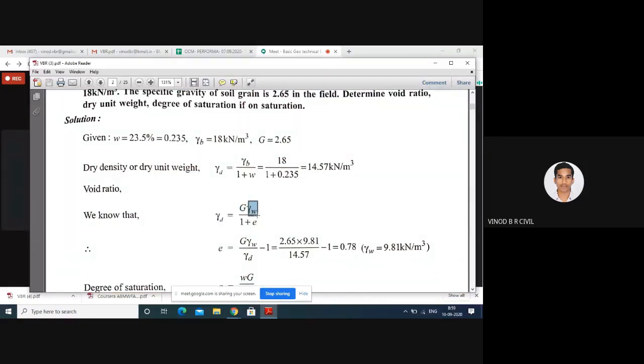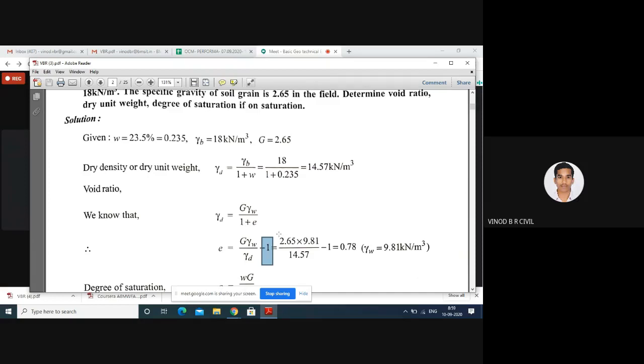The unit weight of water is a constant value, and 1 is also constant. Therefore, e is equal to G into gamma w divided by gamma d, minus 1.